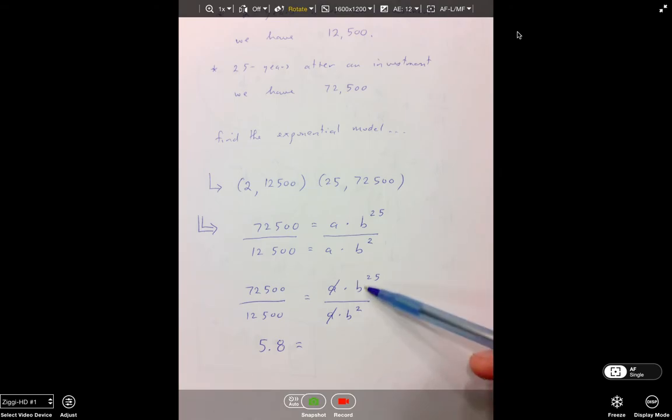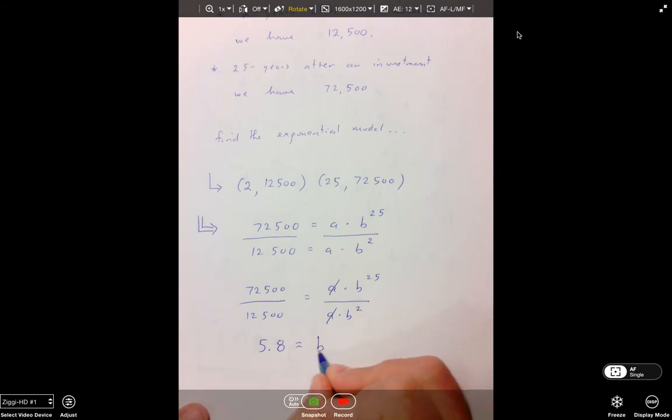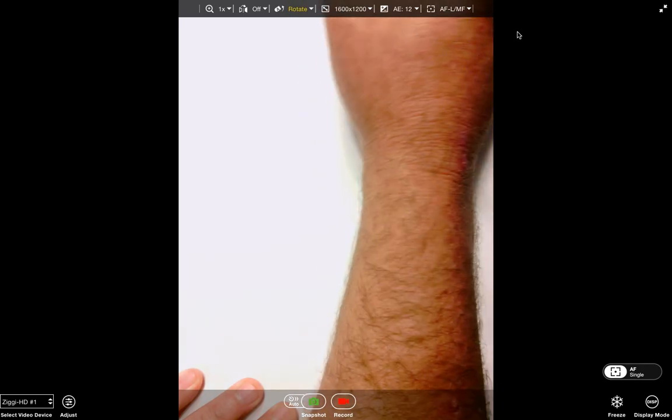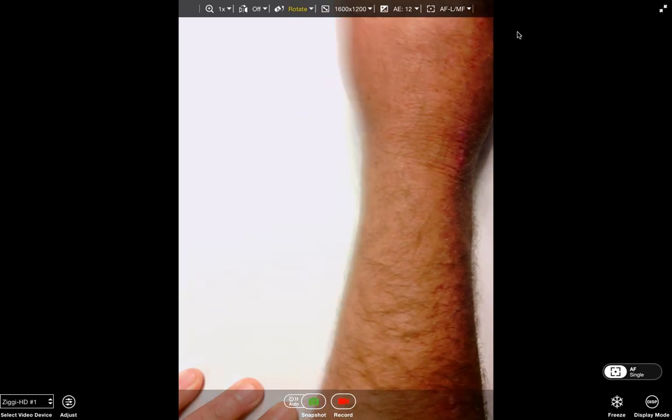And what's going to happen with our b's? This will be b to the 23rd power. So gang, I have 5.8 equals b to the 23rd power.